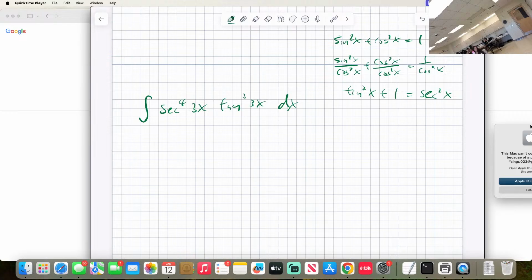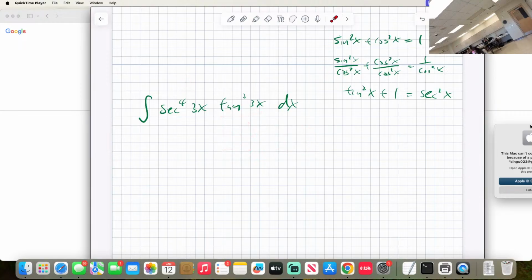So if I think inside my head, u equal to tangent of x, this part becomes what? This becomes, you can split it to tangent cube of 3x times secant to the fourth of 3x, right? Why? Because this one's gonna be u, and du is gonna be here because you got secant square.